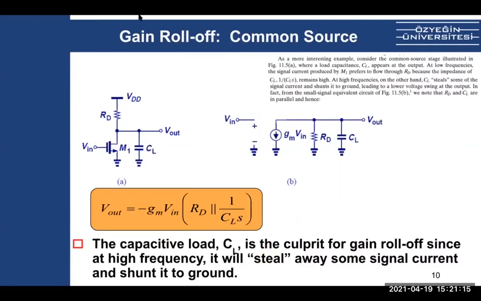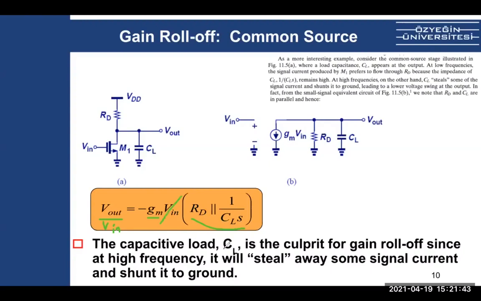Now let's look at the gain roll-off of a common source. In the past, you were just calculating the gain, right? And the gain was simply the one here at the bottom, gm times this. Basically, when we divide V out over V in, the V in cancels, and this becomes gain.